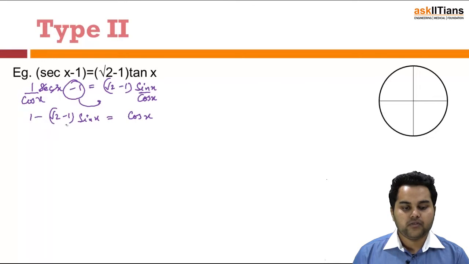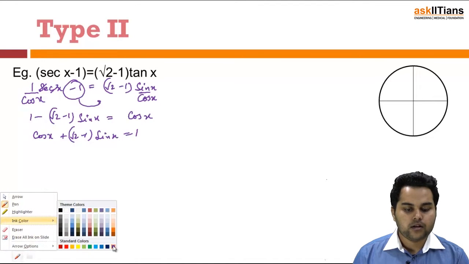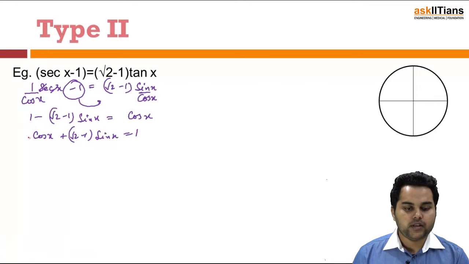which would then again give me cos x plus root 2 minus 1 sin x equal to 1. The coefficient here is 1 and here is root 2 minus 1.